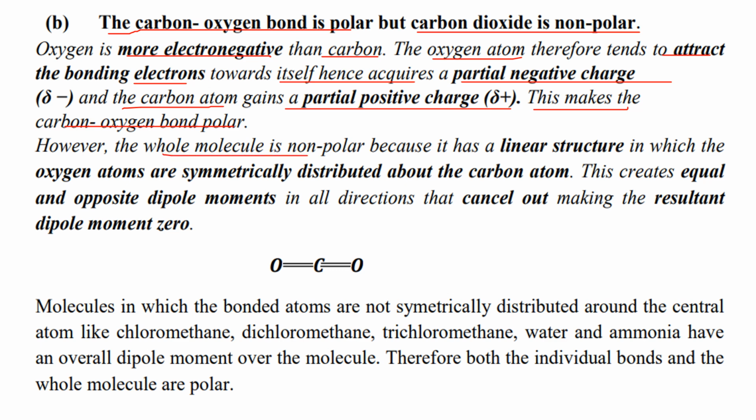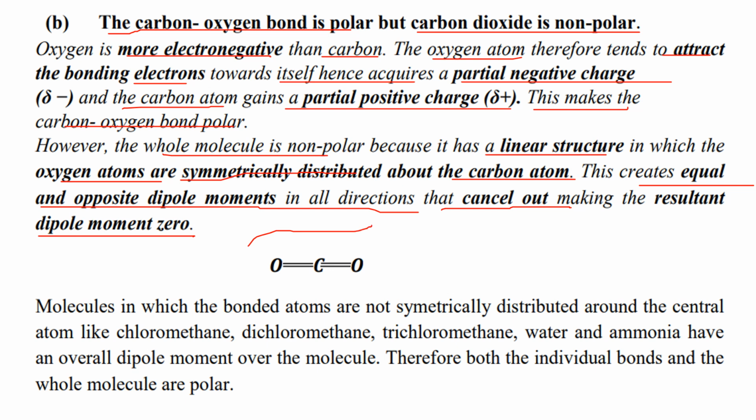However, the whole molecule is going to be nonpolar because it has a linear structure in which the oxygen atoms are symmetrically distributed around the carbon atom. This is very important when explaining nonpolar molecules: it creates equal but opposite dipole moments in all directions, which cancel out each other, making the resultant dipole moment zero.